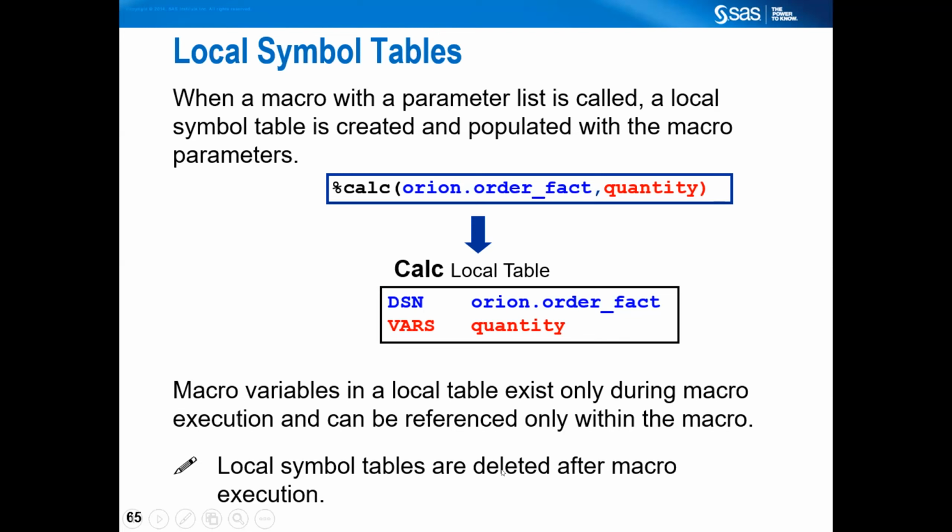So local symbol tables are deleted after the macro execution is over. Understood? When SAS looks to resolve a macro variable, it creates its local symbol table, and within that it creates this macro variable and resolves it while executing. Hence it's always recommended to make use of a local symbol table when you're creating your macro.